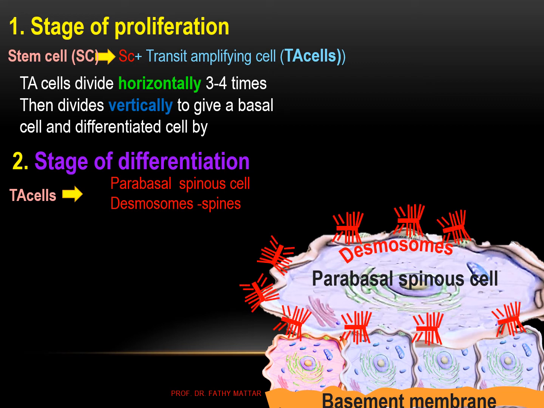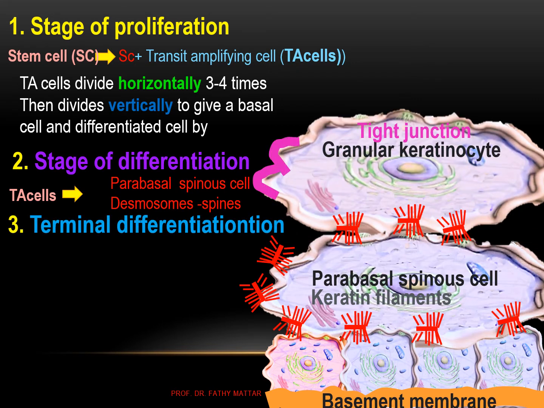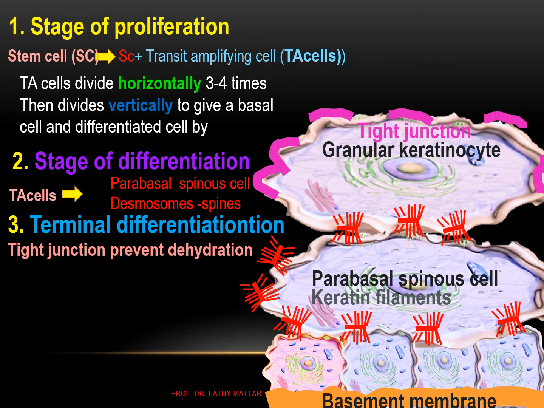The parabasal cells are characterized by having desmosomes and keratin intermediate filaments. When new parabasal cell is formed, the older one is shifted to above the newly formed parabasal cell, and this cell is called granular keratinocyte, and this starts what is called terminal differentiation.